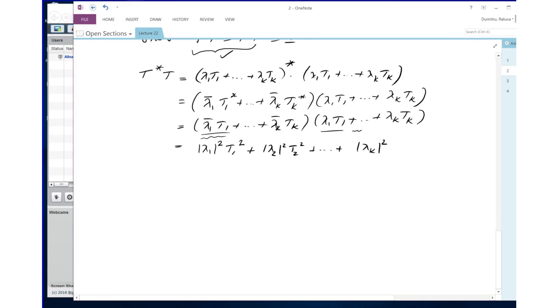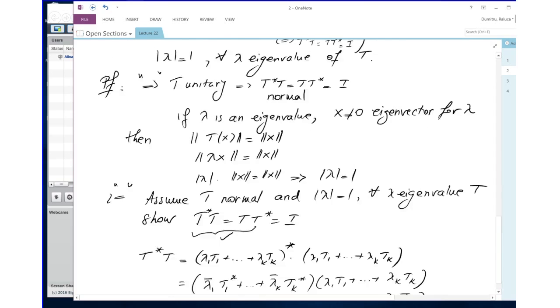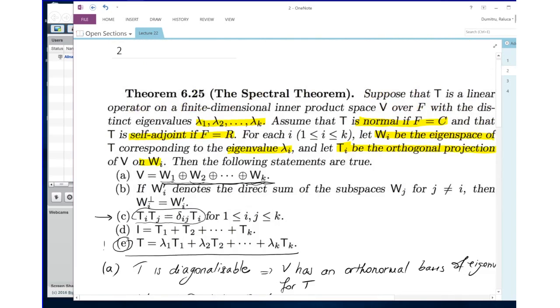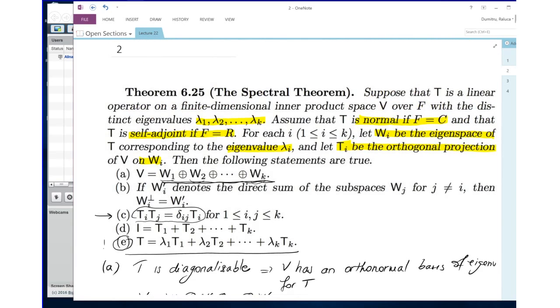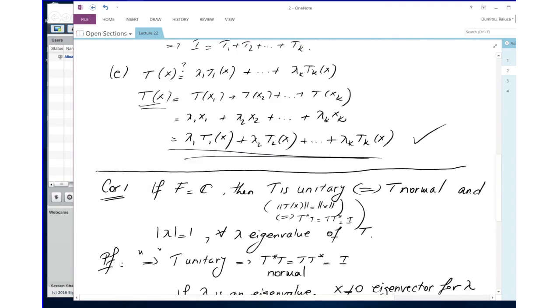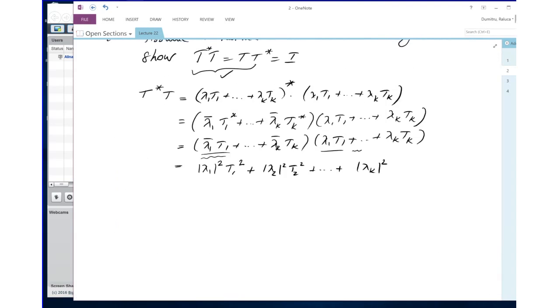They are orthogonal projections, and orthogonal projections we've seen are equivalent. So T is an orthogonal projection if and only if T equals T star equals T squared. So all those T1 through Tk are all orthogonal projections. So Tk squared, from the spectral decomposition.